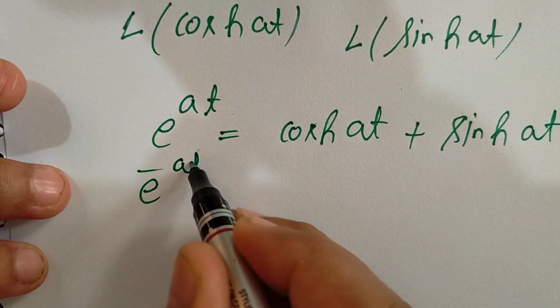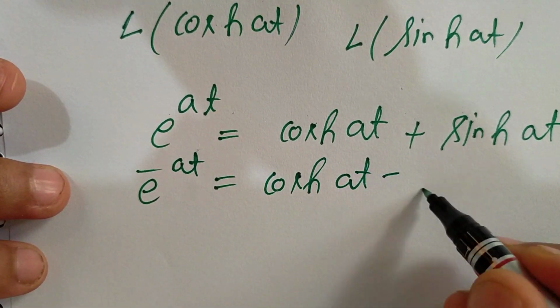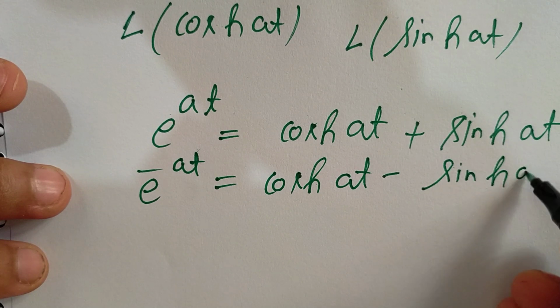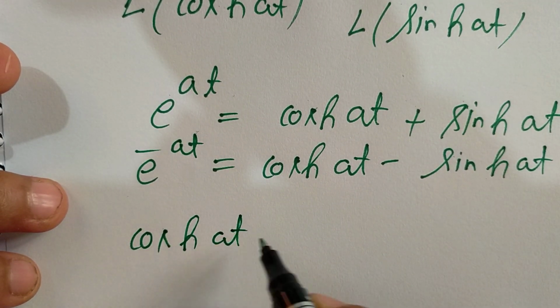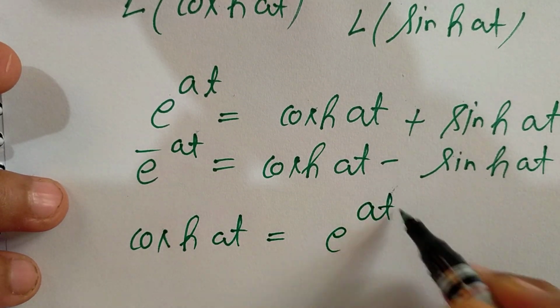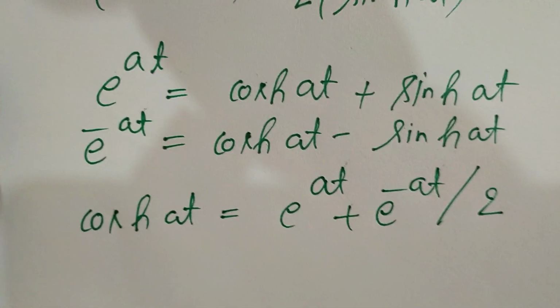e power minus at equal to cos h at minus sin h at. So we can have cos h at equal to (e power at plus e power minus at) by 2.